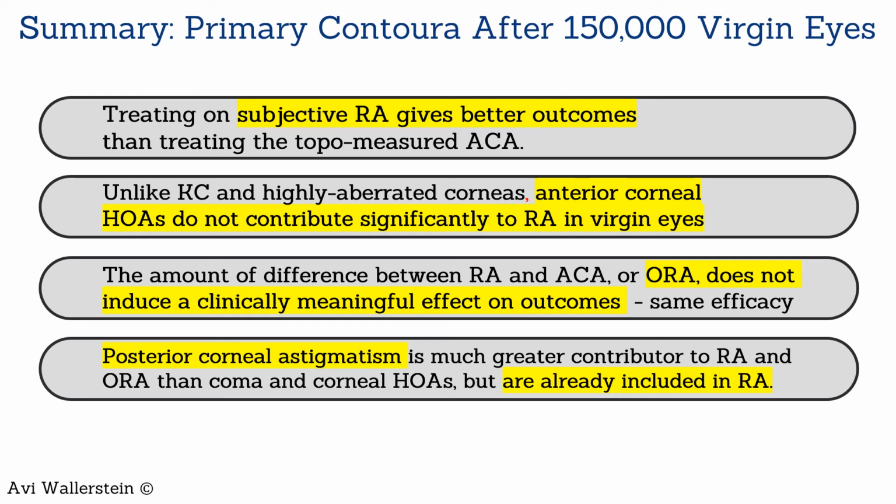Unlike keratoconus and surgically induced irregular corneas, naturally occurring anterior corneal HOAs do not contribute significantly to RA in virgin eyes. PCA is a much greater contributor to ORA and to RA than corneal HOAs and coma, and therefore needs to be taken into account when treating with topo-guided on the ACA. Otherwise, treat the RA, which incorporates it.